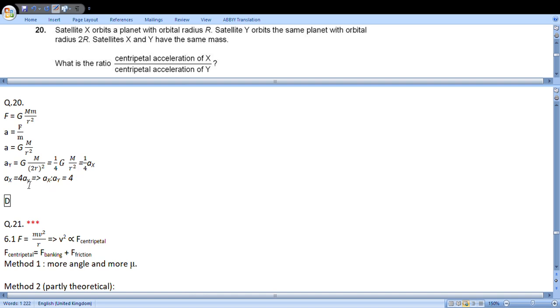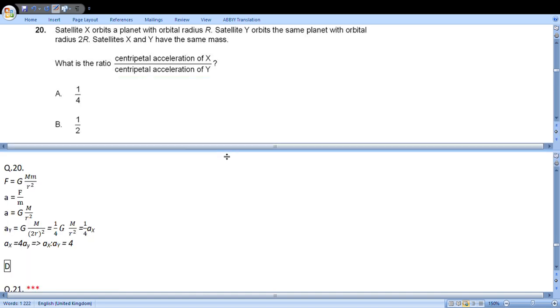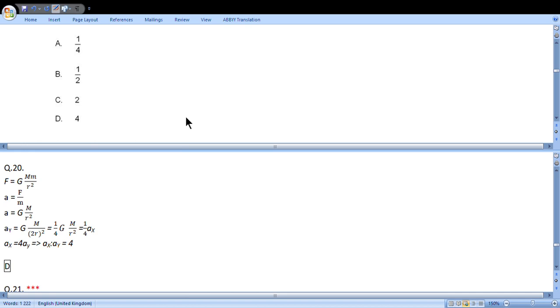So aX equals 4aY, so the ratio is, be accurate about what you divide, 4.